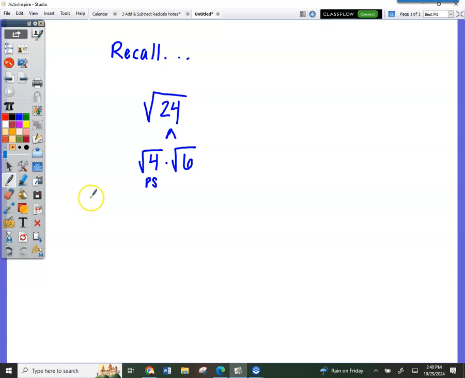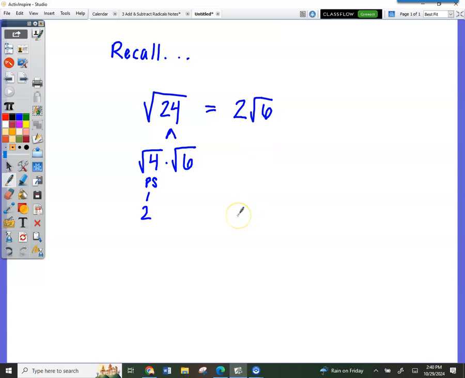Now go to your calculator and type square root of 4. You should know this one. You see that it's 2? Now, do you see how the square root of 24 is actually 2 root 6?